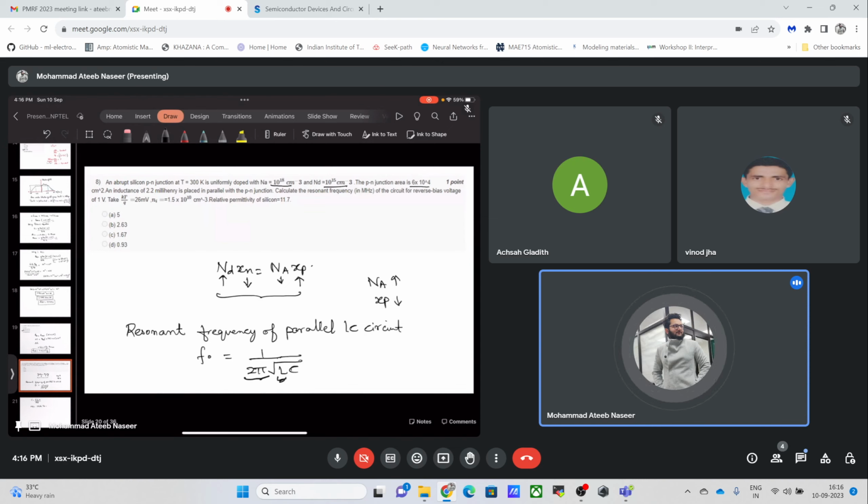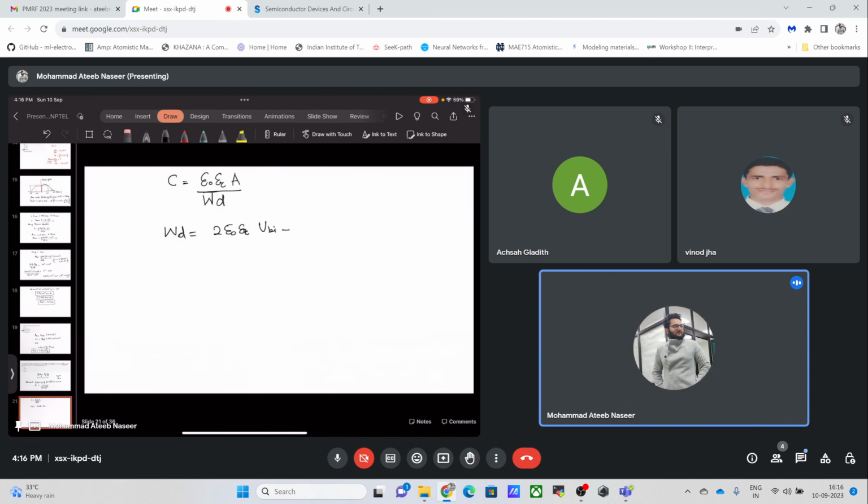This VR is given to us, so we can easily take this to be the depletion capacitance. I thought that we might have to take the diffusion capacitance as well, but since it has been told that the p-n junction is in reverse bias, the depletion capacitance will be there only.